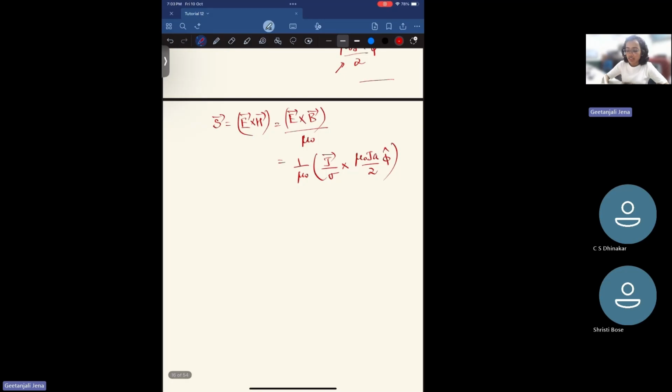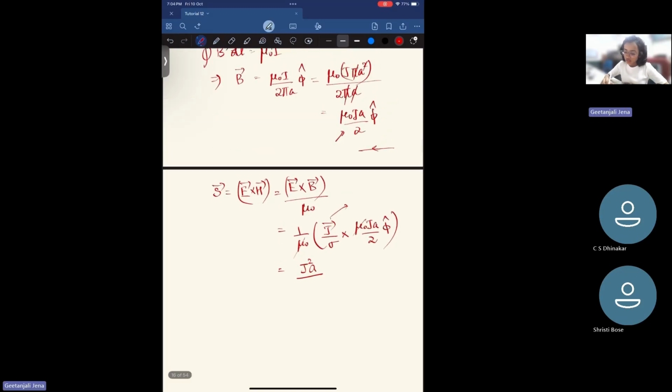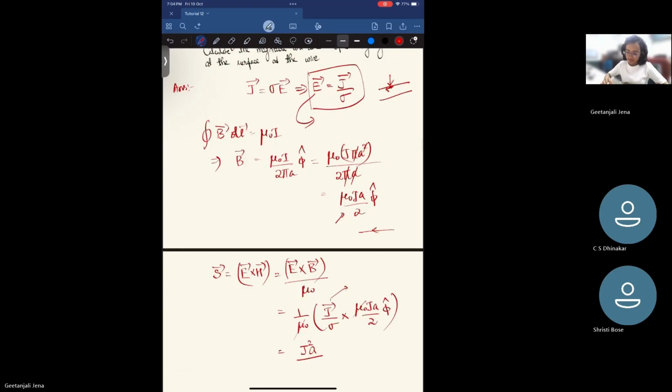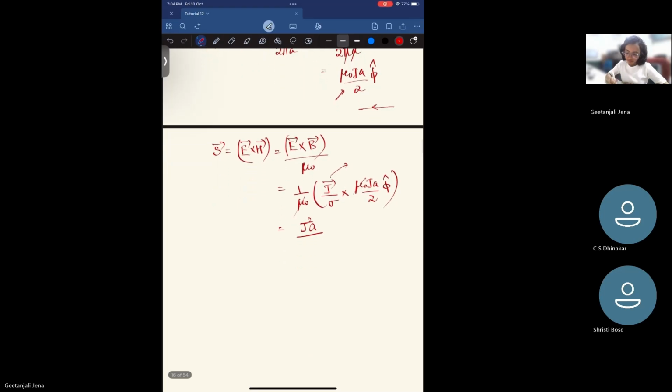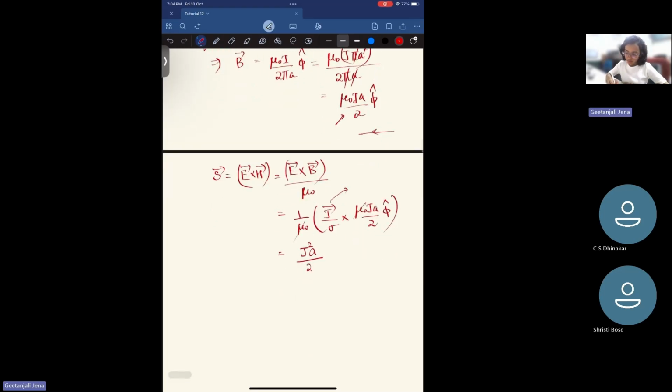If we consider that the electric current is moving in the z direction, you can write this as J z cap. So mu naught will cancel, and you have J square a by 2 sigma, z cross phi will give minus r cap.